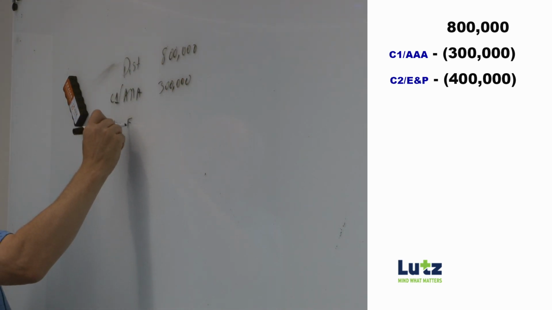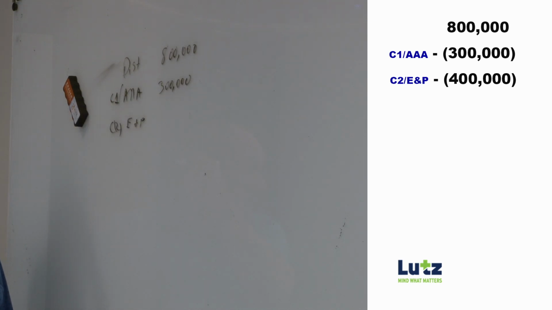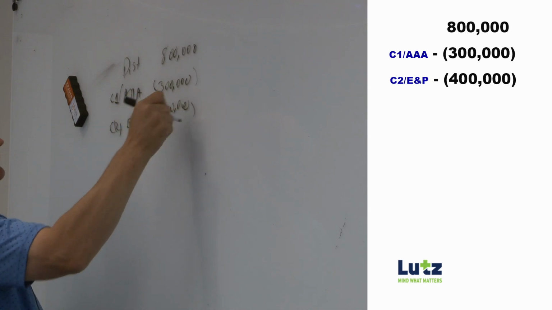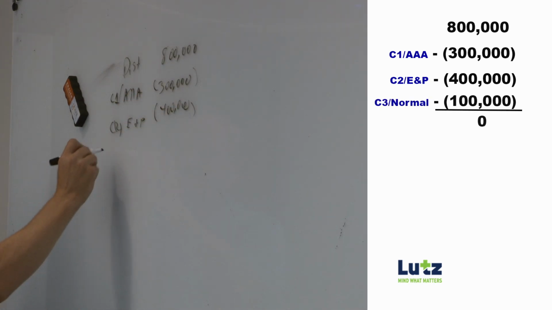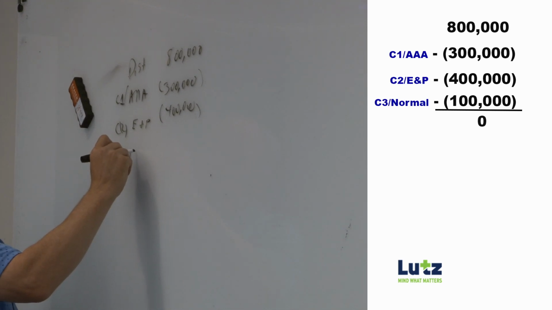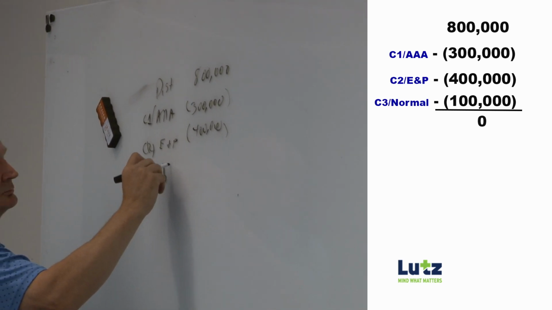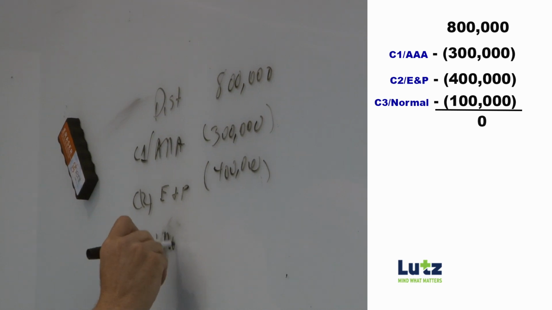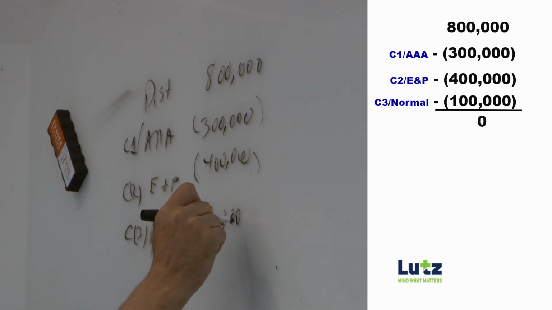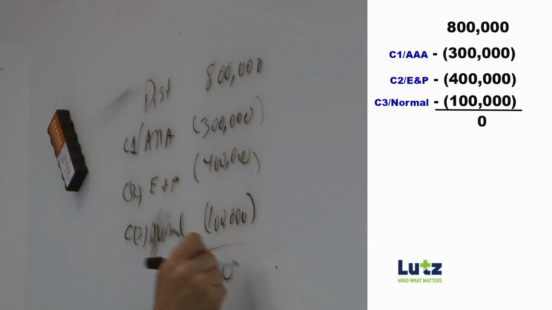E&P. How much E&P do I have? 400. How much is left? Normal. 100. So now, at the entity level we've accounted, we've broken out the distribution by its own category.